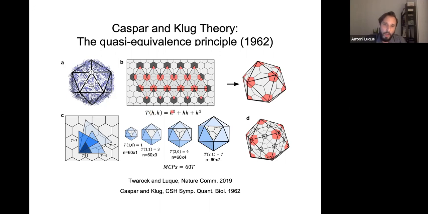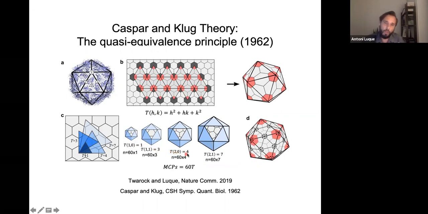This is given by the Diophantine quadratic equation T = H squared plus H times K plus K squared. This gives you a series of possible icosahedral capsids. It is a discrete, infinite series, but you're not able to make all possible T numbers. So you have T1 for the smallest case, T3 for the next one.